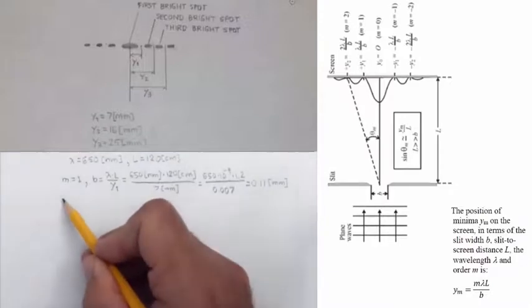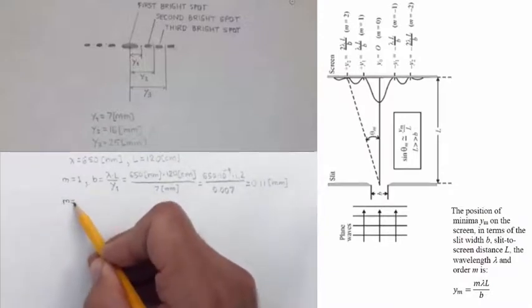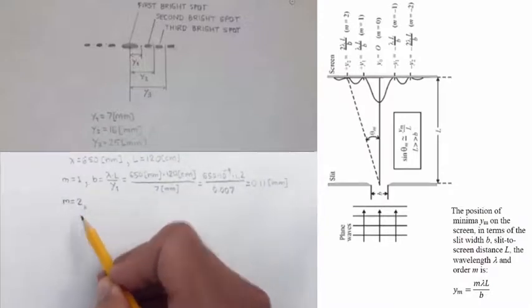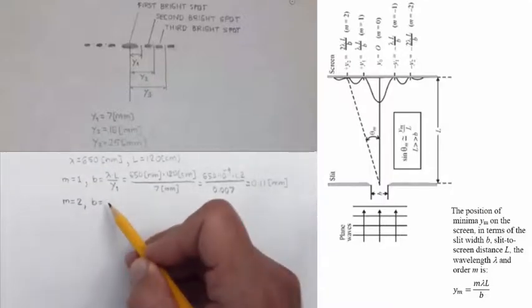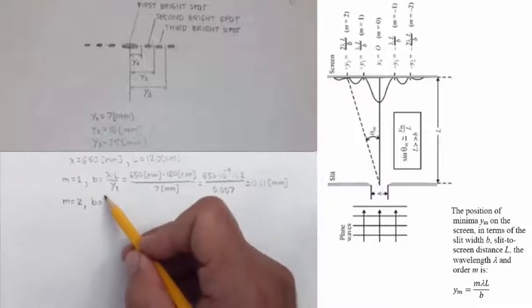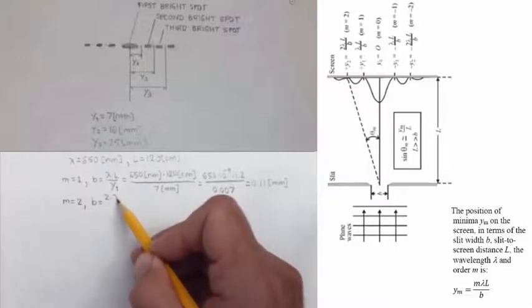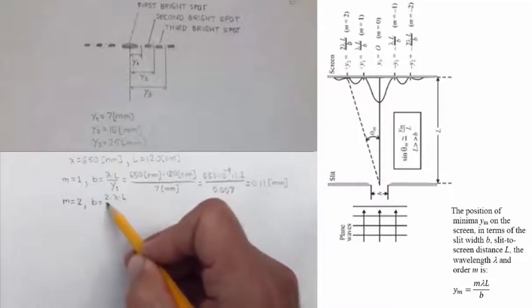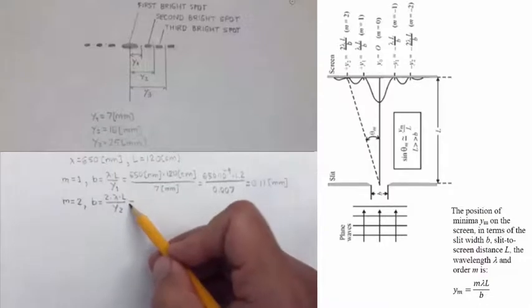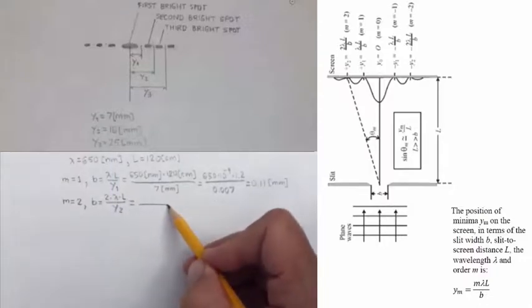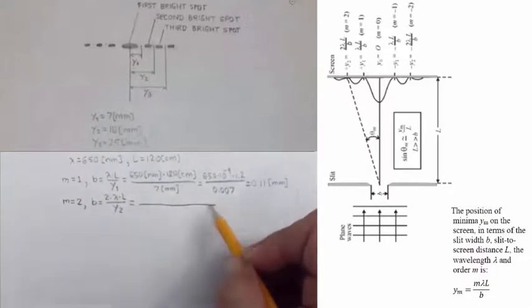Let's do the similar calculation for the second order dark spot. So for m equal to 2, we also have the formula on the right from which we can extract b. So b is going to be equal to 2 times lambda L over y2, and then we are going to substitute specific values and convert these values immediately into the base units.